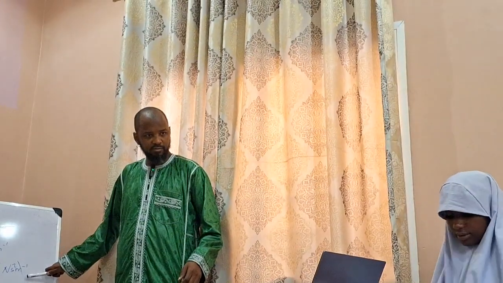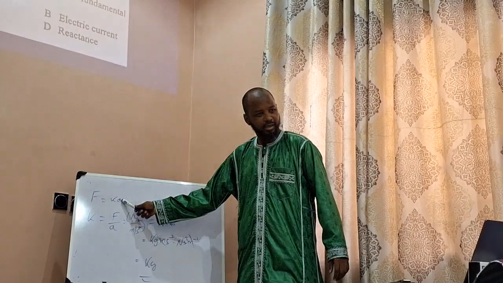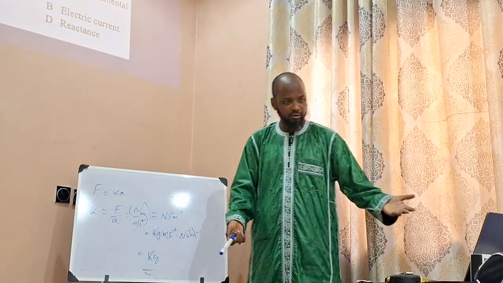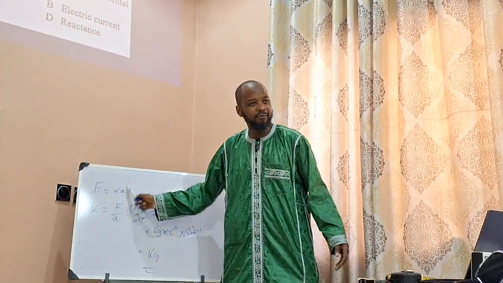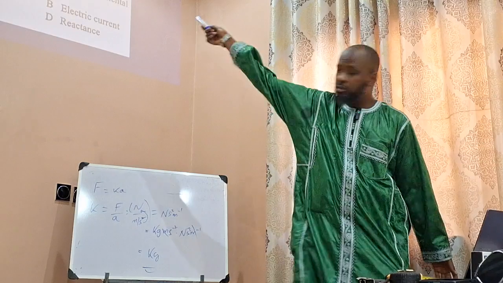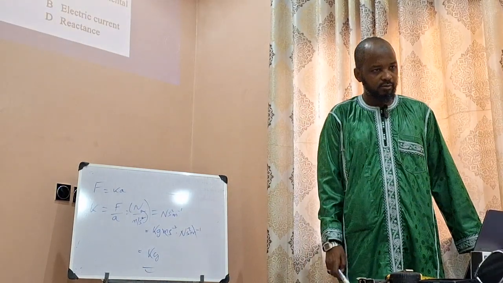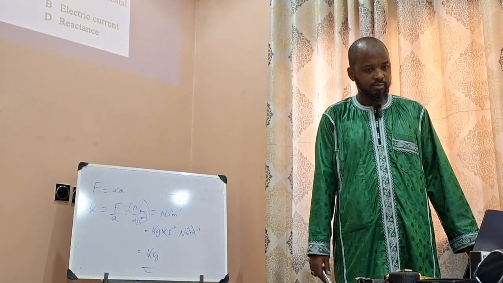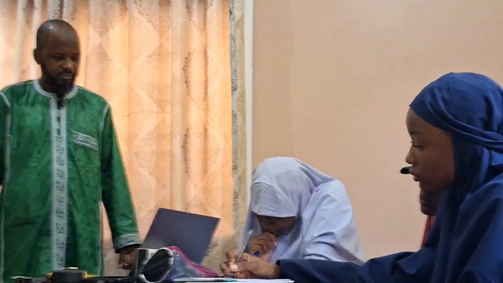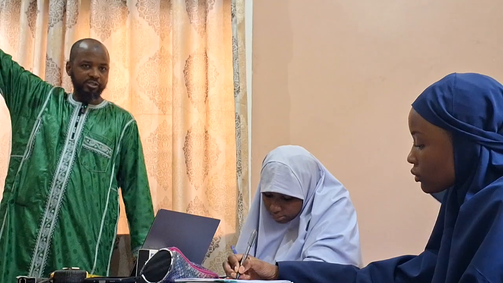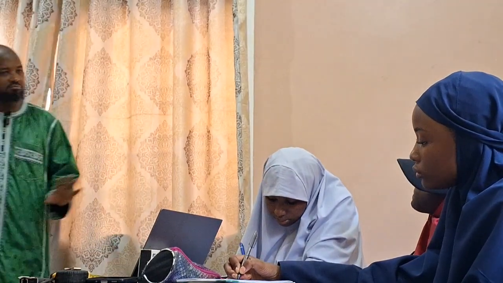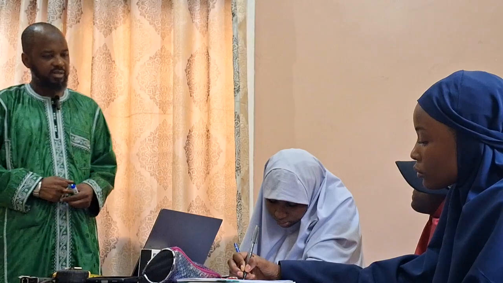Did you understand this one? Yes. F equal Ka. We want to find the unit of K. We know that of F and A, isn't it? Apply the same principle. Of course, the unit of K in the question here is going to be different, but the steps are similar.